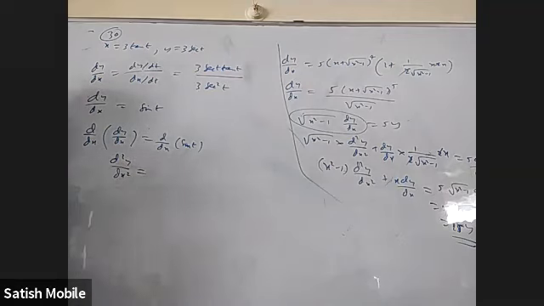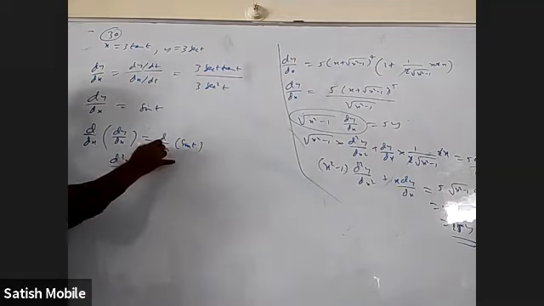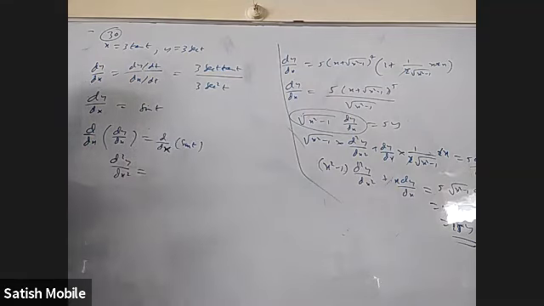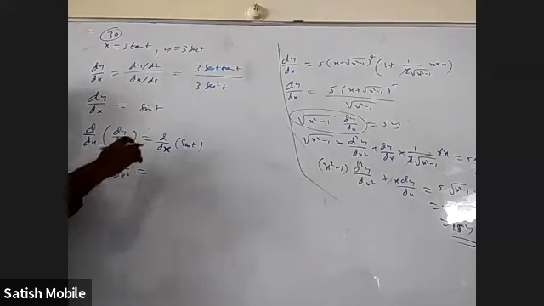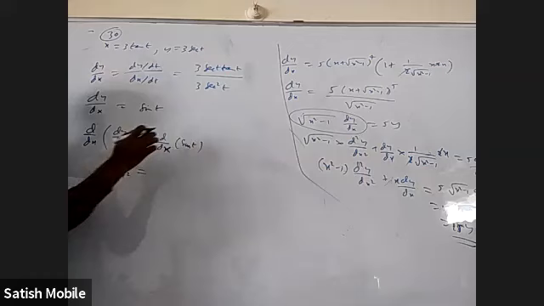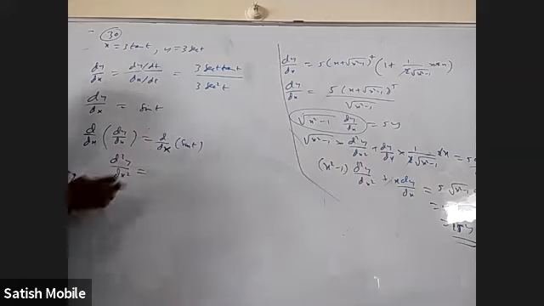Anybody want to tell what is the derivative of right side? What is d by dx of sin t? t is not a constant to say 0. d by dt of sin t is cos t. What is d by dx of sin t? We are doing with respect to x, not with respect to t.